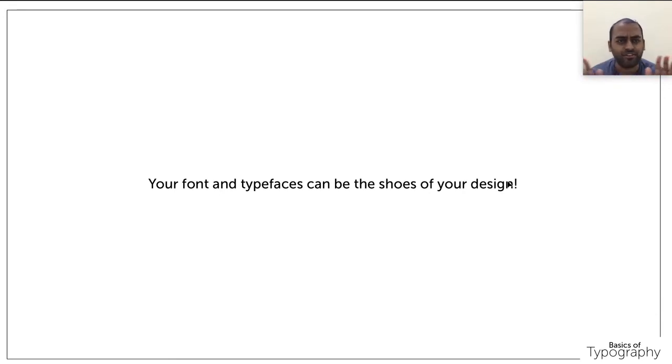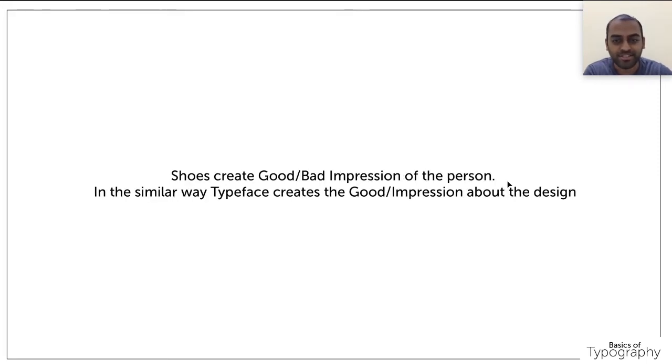The concept of this entire course depends on one important thing: as a beginner you can elevate your design to the next level just by knowing two things. One is typography and another is color. If you get your fonts and typefaces right, then your entire design will be right. That is what we come to know with this shoes example.